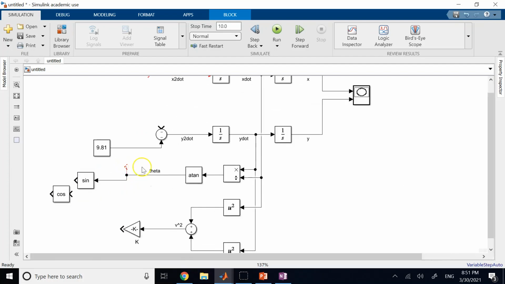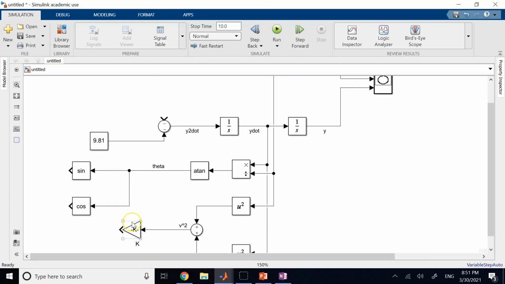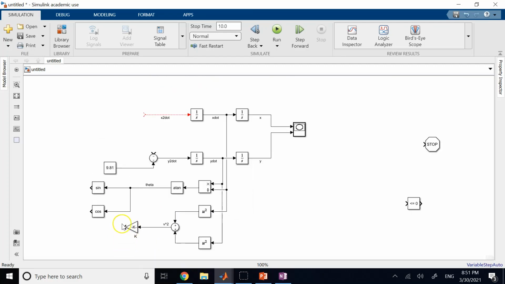This is sine of theta. Then you have cosine of theta. And now this signal, drag force divided by m, should be multiplied by them.